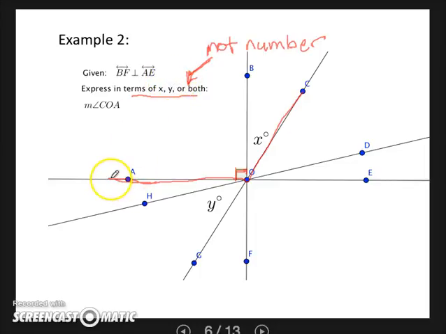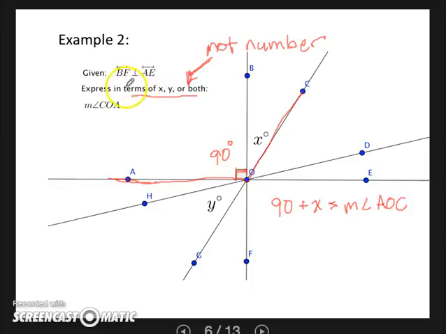So since we want the measure of angle AOC, since we're told that this line is perpendicular to this line, in other words, angle AOB measures 90 degrees, we can simply use the angle addition formula to say 90 plus x equals the measure of angle AOC. Now that seems pretty easy. Have we answered the question?